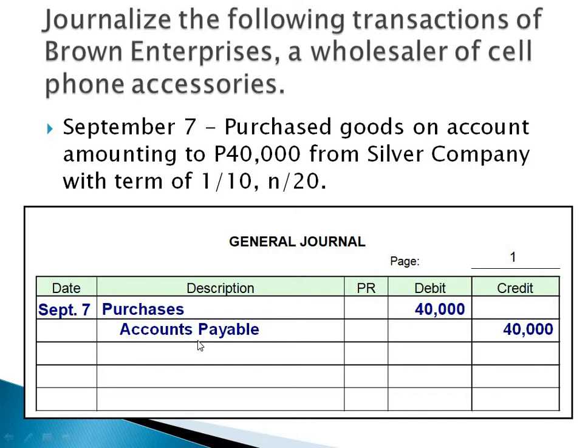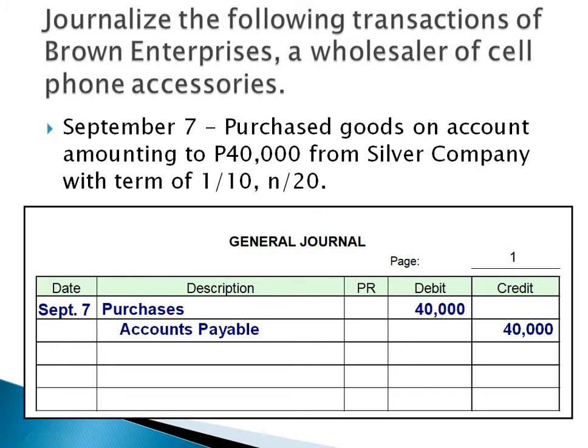Still, accounts payable must be the credit. Why? Because of this term, 1/10, n/20. The buyer would get a 1% discount if it pays within 10 days. If this were a purchase on cash basis, the seller won't offer the buyer a credit term like this, 1/10, n/20.